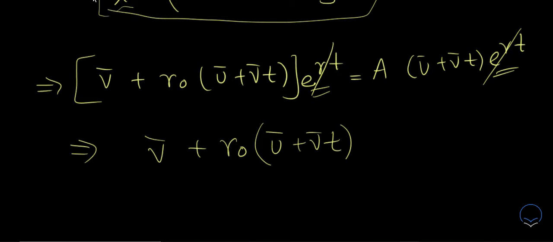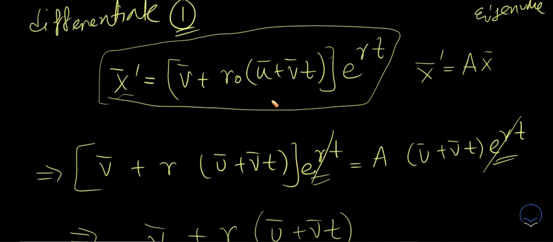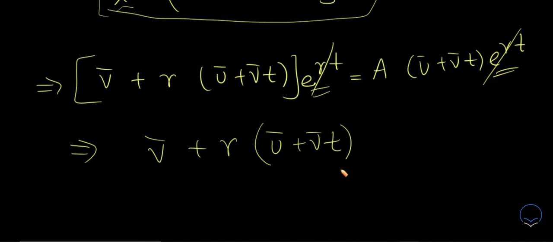Sorry, it's not r0, it's a mistake, I'm sorry for that. It should be r, I wrote r0 for some weird reason. So this is just r, not r0, because if you differentiate it, this r will just come downstairs. And this will be A times u bar plus v bar t, put a bracket over here.